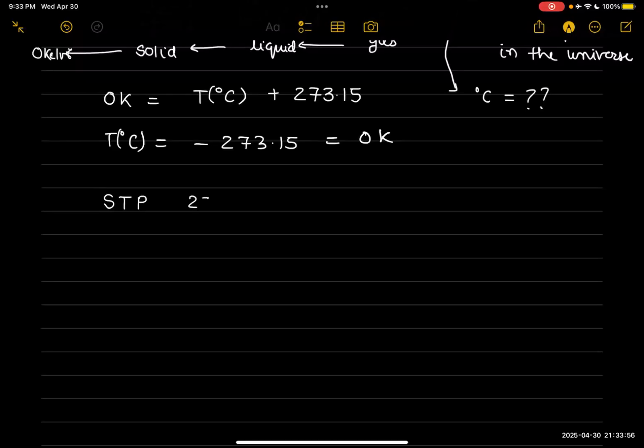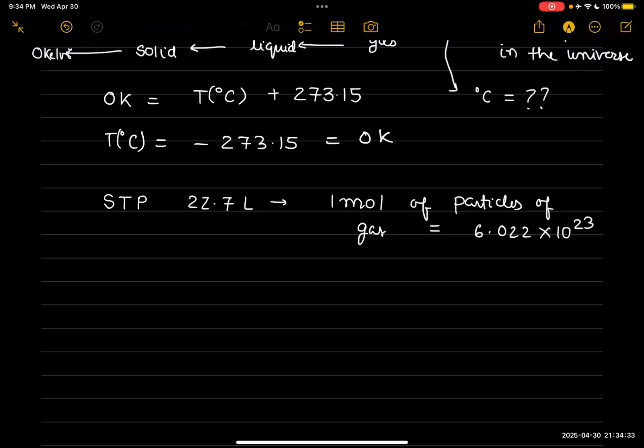At STP, 22.7 liters will have 1 mole of gas, which is 6.022 into 10 to the power 23 particles.